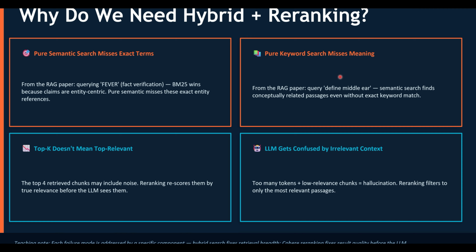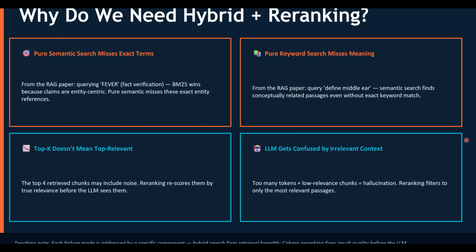So, hybrid search fixes the first two problems, but there is a third issue. Just because a document is in your Top-K retrieved results doesn't mean it is the most relevant to the query. Top-K retrieval is approximate. You might get 4 chunks back and only one of them is actually useful.